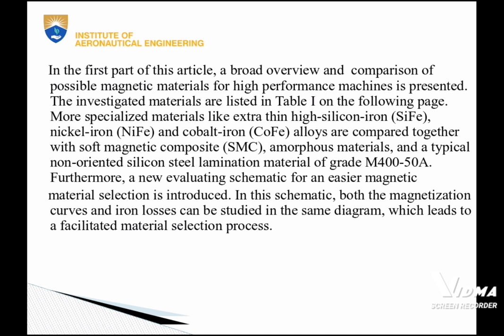Specialized materials like extra thin high silicon iron SiFe, nickel iron NiFe, and cobalt iron CoFe alloys are compared together with soft magnetic composite SMC, amorphous materials and the typical non-oriented silicon steel lamination materials of grade M400-50A.